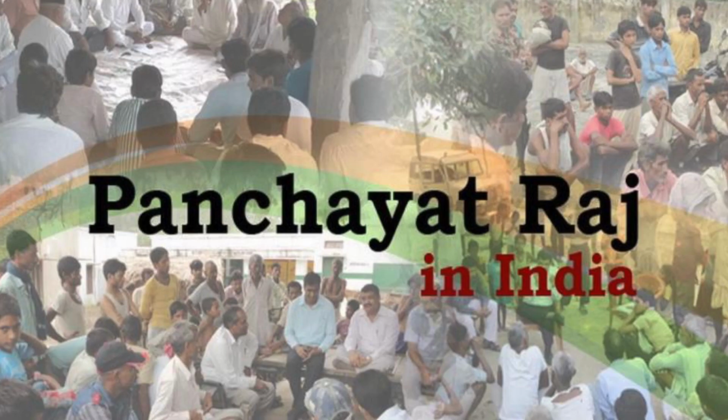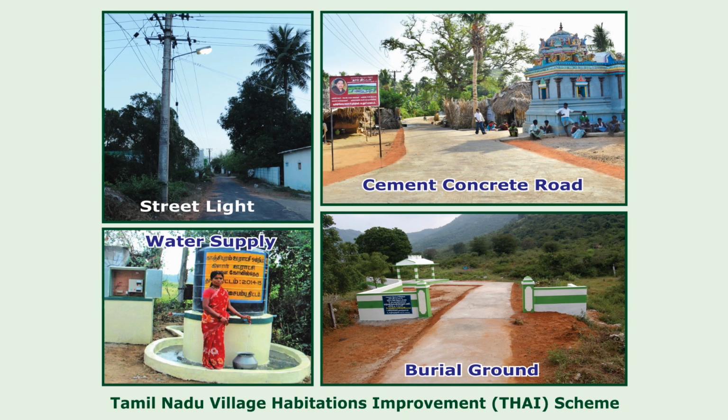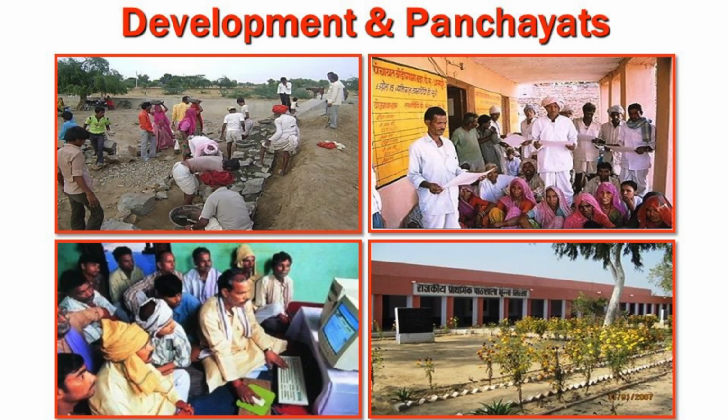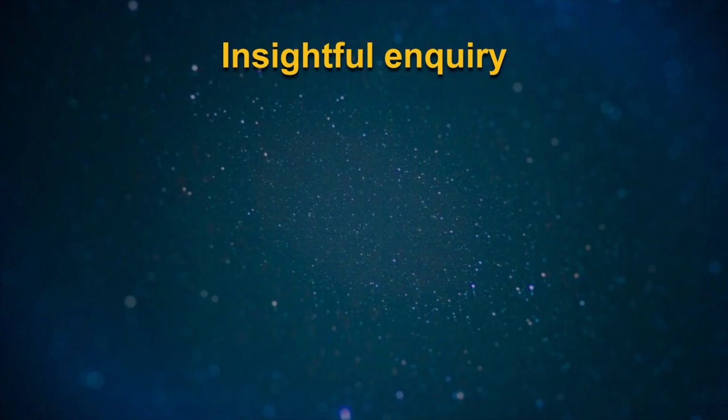For example, the role of Panchayati Raj in rural development cannot be studied in a partial fashion. It has to be studied in a holistic manner, taking into account the composite influences of all the socio-economic and cultural factors.